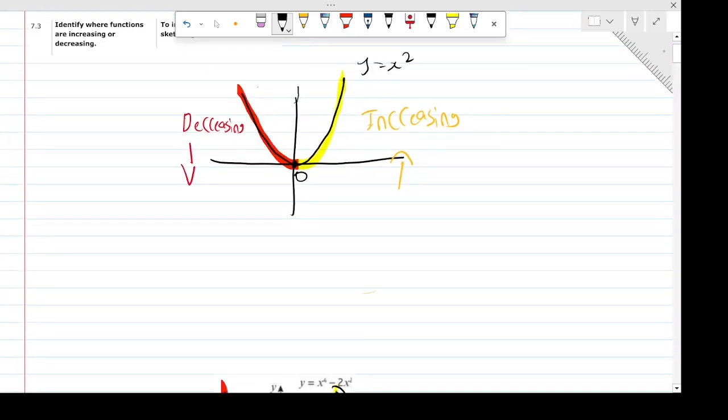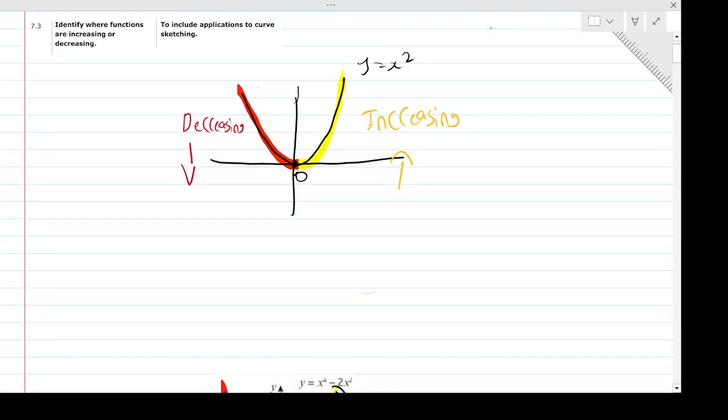And then we could do the same for this as well. So decreasing for this x squared graph, it's to the left of 0, so x has to be less than or equal to 0, and it's increasing on the right side when x is greater than or equal to 0.